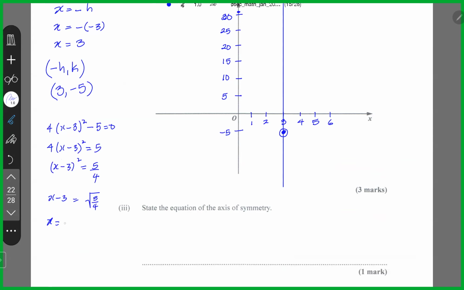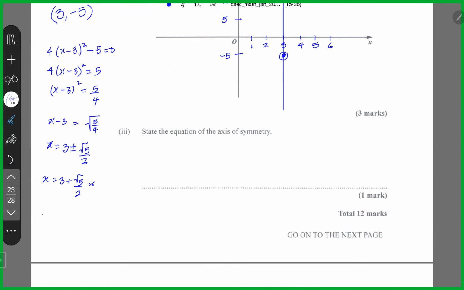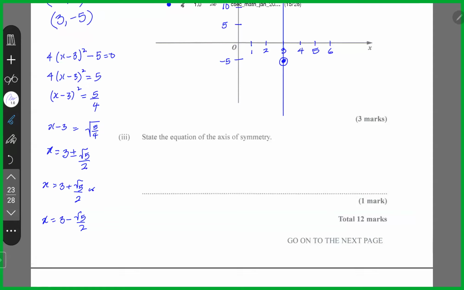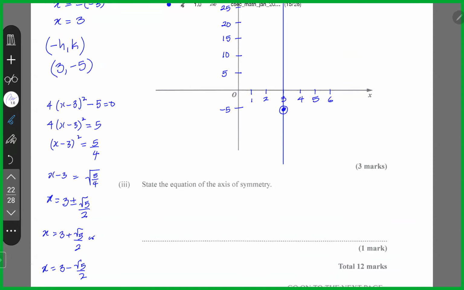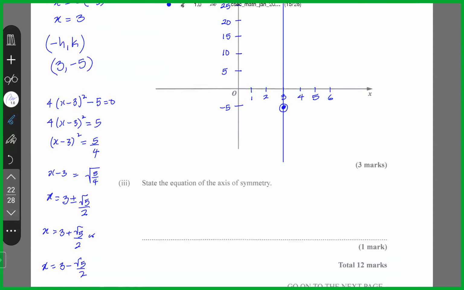X would be equal to 3 plus or minus the root of 5 over 2. X is equal to 3 plus root 5 over 2, or x is equal to 3 minus the root of 5 over 2. I didn't need to do this. I'm just doing it to increase the accuracy of my sketch.